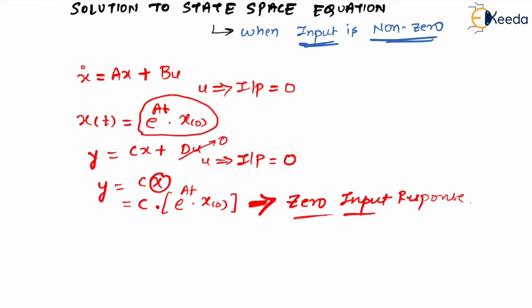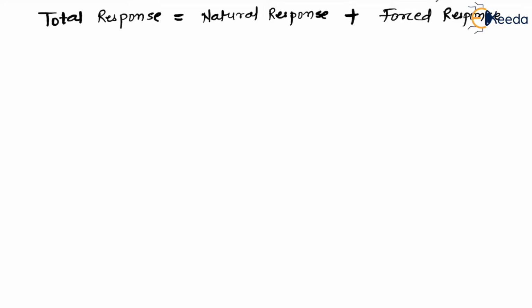But now we are not interested in the zero input response. What we are interested in is the total response. What do I mean by total response? Total response means natural response plus forced response.